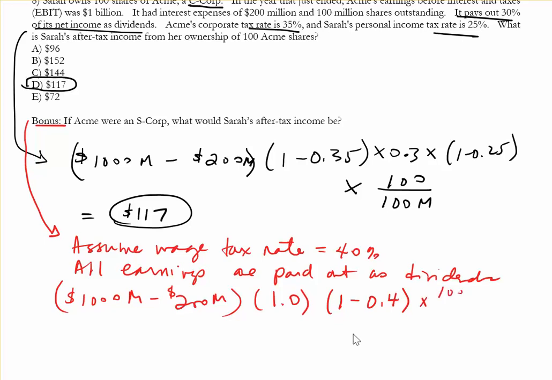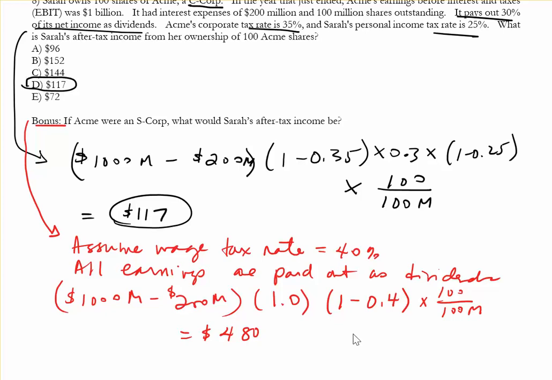Sarah's portion again would be 100 shares out of 100 million shares. We have the millions and millions cancel out, and we have $800 times 0.6. We'd have $480 being the after-tax earnings. It is one reason why it's so much larger is that all the earnings have to be paid out.